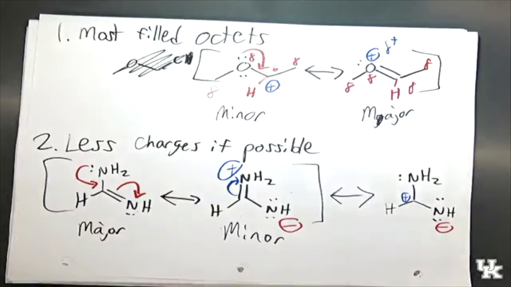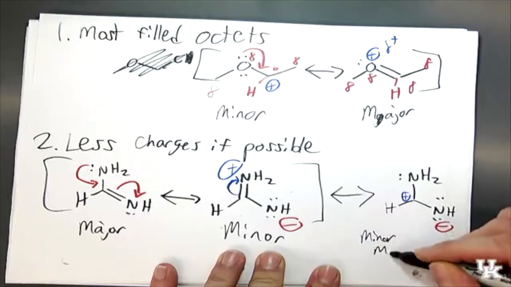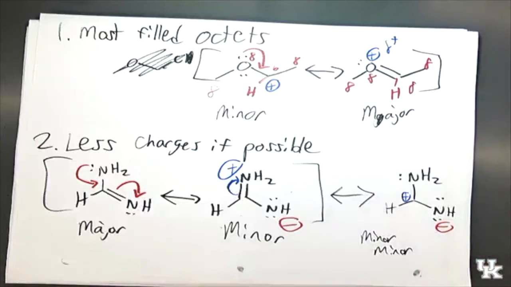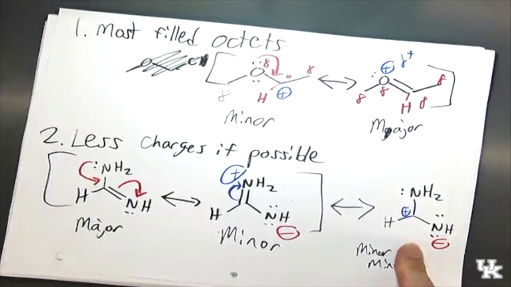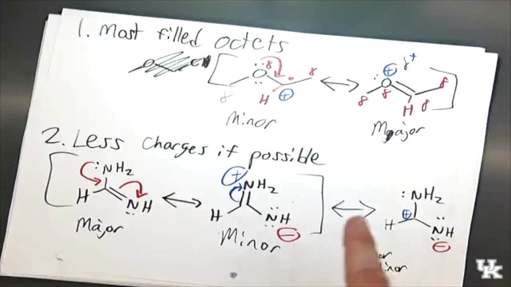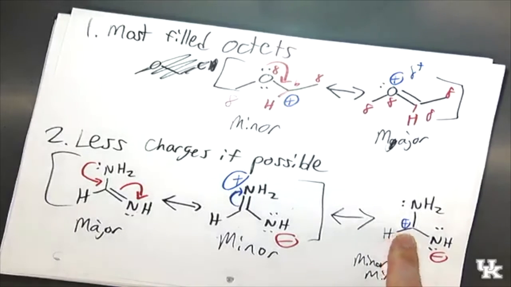In fact, if this is the major and this is the minor, this is like the minor squared. This is not the best structure. It doesn't break any rules, but you notice that the carbon doesn't have the octet. Same number of charges, carbon has 6 electrons instead of 8, so it's just not going to be as big of a contributor.